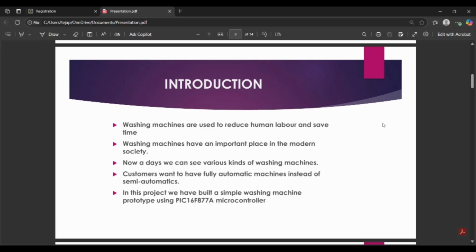Customers want fully automatic machines instead of semi-automatic ones.